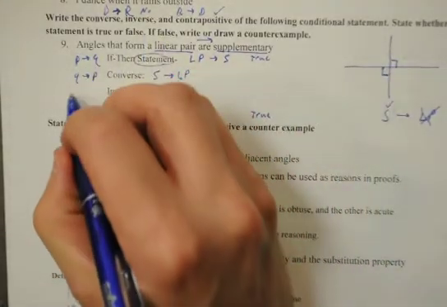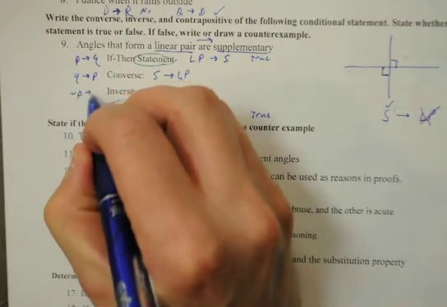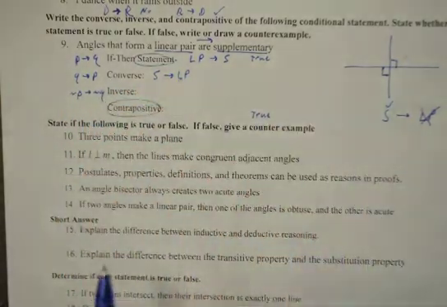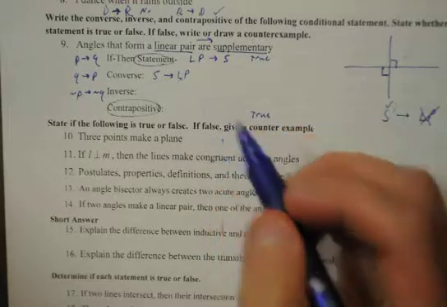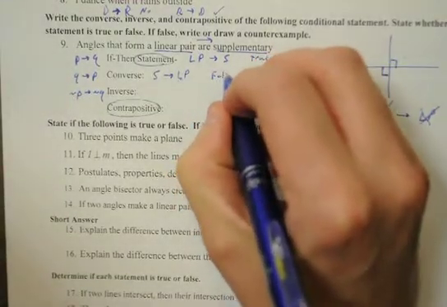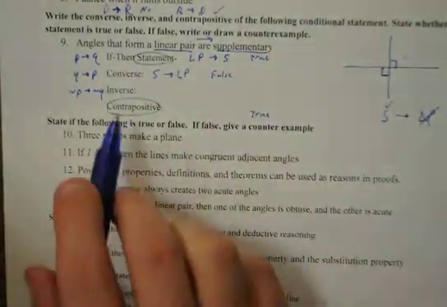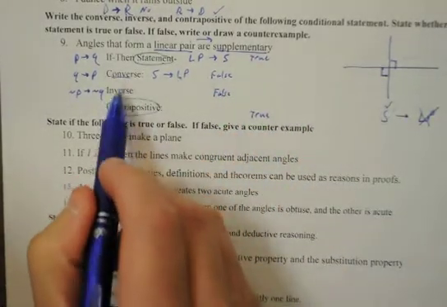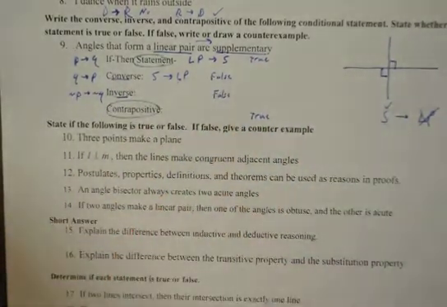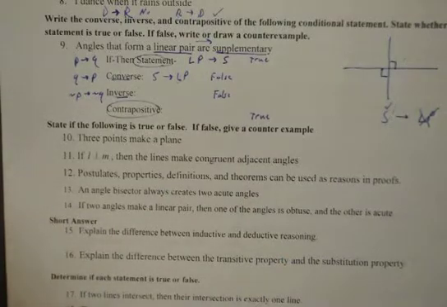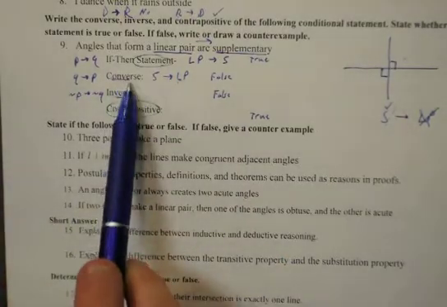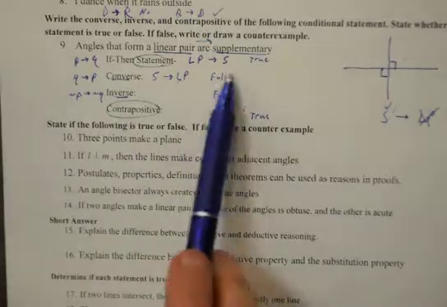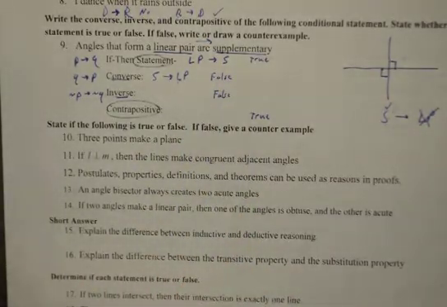Inverse would be not P implies not Q. By the way, that makes the converse false. And also the inverse is false because these are logically equivalent. There's no statement ever where you'd find the converse is true and the inverse is false. They will either both be false or they will both be true.